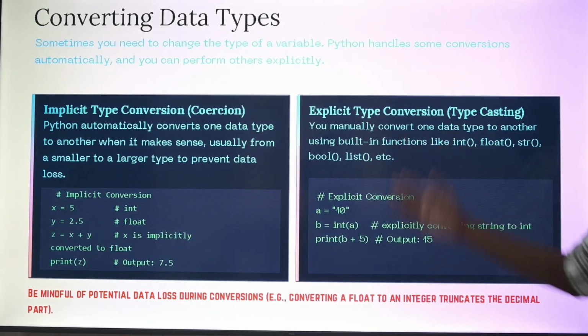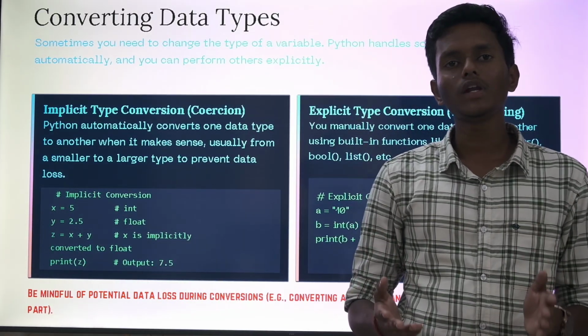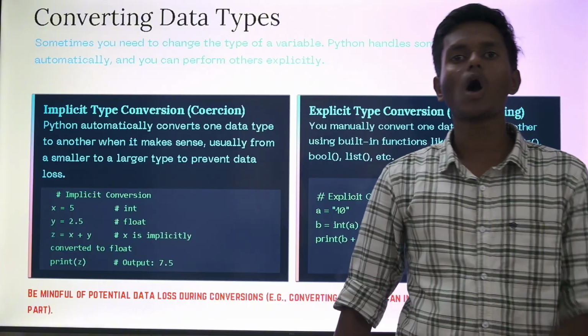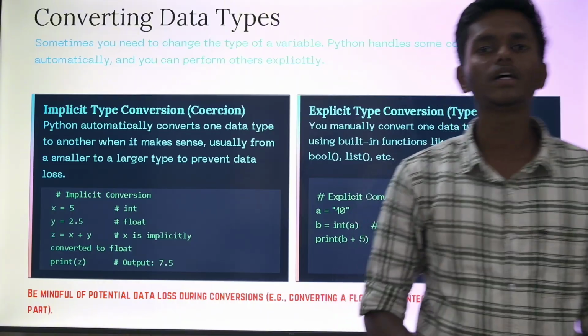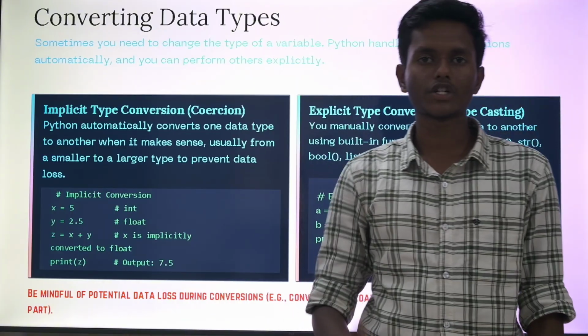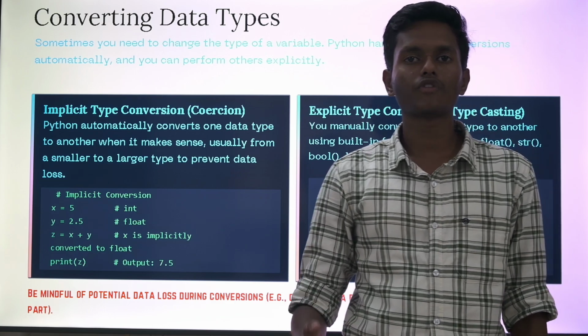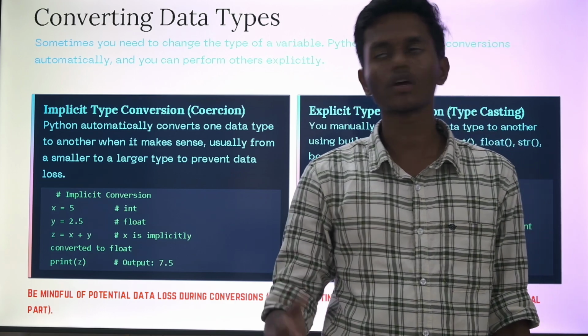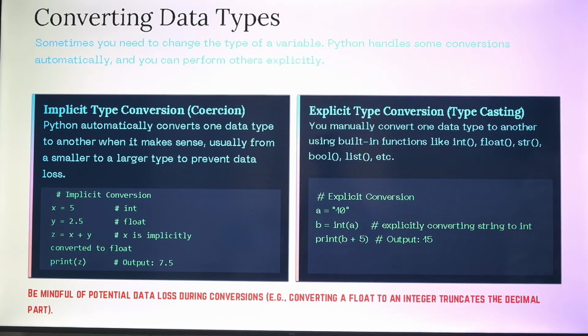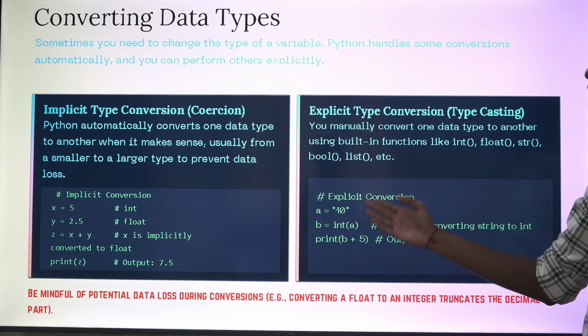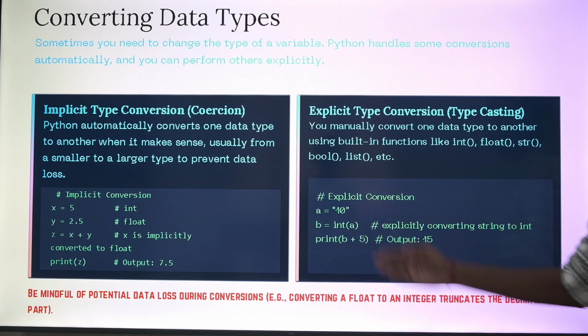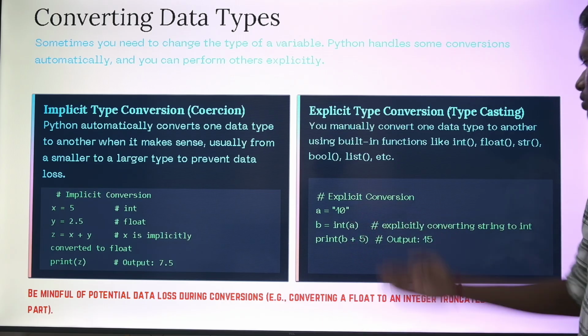Next you see explicit type conversion. You manually convert one data type into another data type using built-in functions like int function, bool function, float function, list function and string function. Explicit conversion example: a is equal to 10, it is a string, b is equal to int of a.